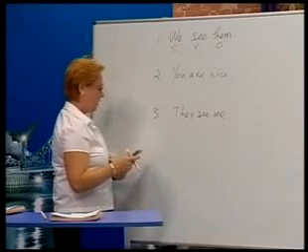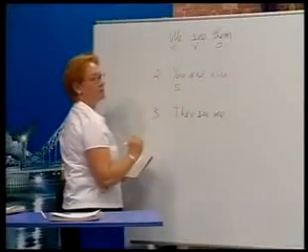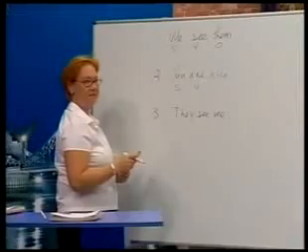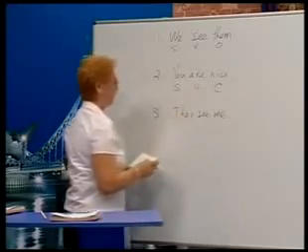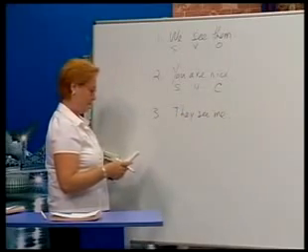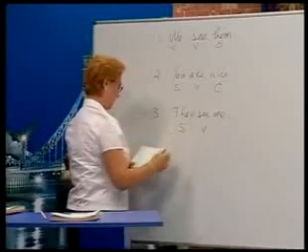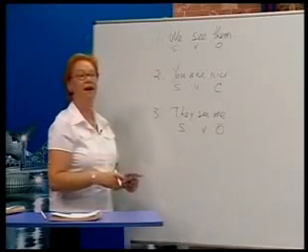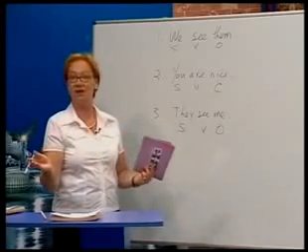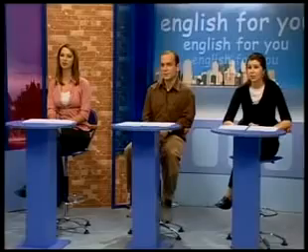Okay, now Ali. You is the subject. Are is the verb. Nice is the object. No, the complement. Yes, good. All right, Isabel. They is the subject, see is the verb, and me is the object. Yes, very good. Now, do you understand sentence structure? Yes, we do. Okay, very good.